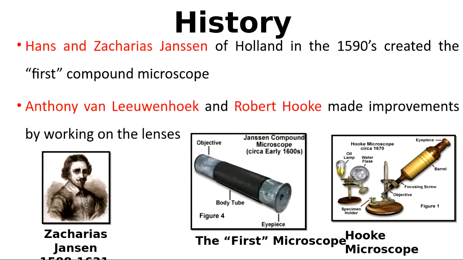And Anthony van Leeuwenhoek and Robert Hooke made improvements by working on the lenses, right? So there are the pictures of the first microscope and the Hooke microscope, how modifications came into picture. This is a brief history. So we can ask in exam, who was the first person to create the compound microscope? The answer should be Hans and Janssen.